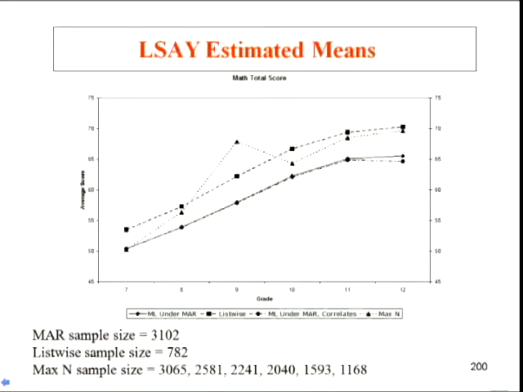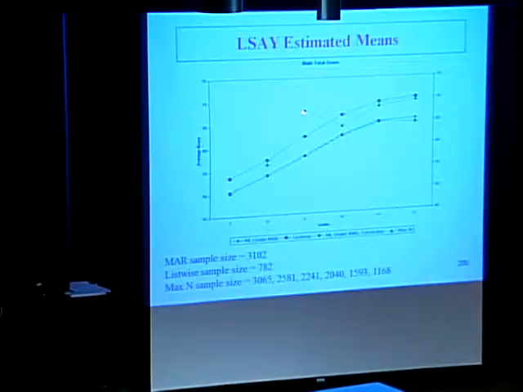So let's think about that for a second. Here is all available, max n, all available people at that time point are used. MAR, so you estimate the mean using only the grade 9 score. But MAR, what does MAR do? Well, MAR can use information on the means for the other time points as well.